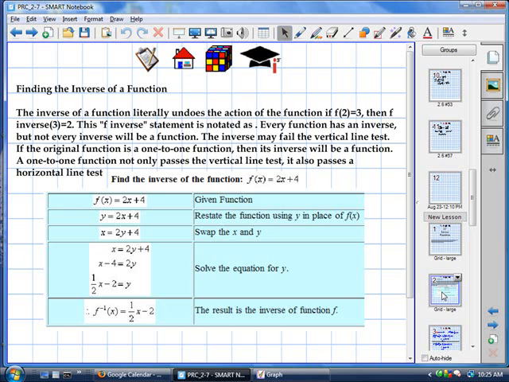So where I had y equals 2x plus 4, I now have x equals 2y plus 4. Now solve for y. This is simple algebra. From here on in, just solve for y. When you get all done, you've got the inverse. It might be a little tiny, so I'll do it a second time up here. So what is it, 2x plus 4?